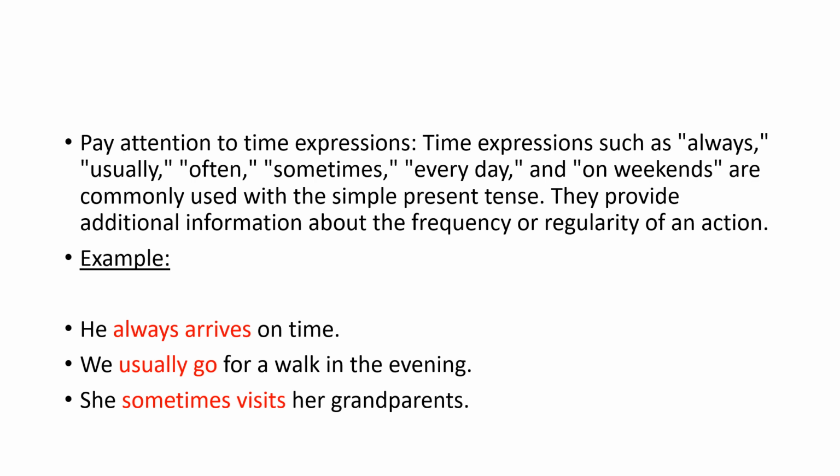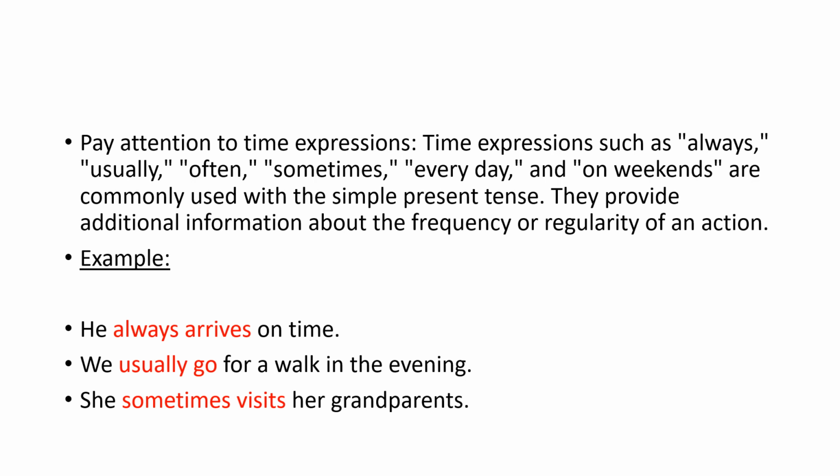Paying attention to time expressions, commonly used to provide additional information about the frequency or regularity of an action, is important. Time expressions such as always, usually, often, sometimes, every day, and on weekends can be used in conjunction with the simple present tense.